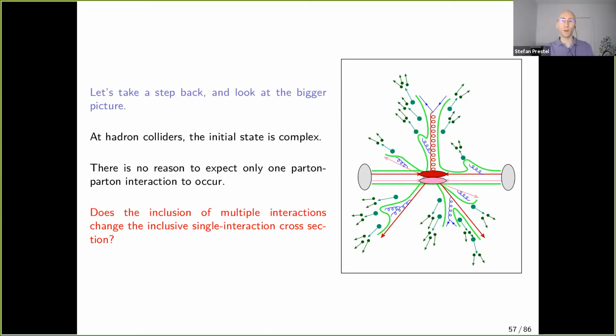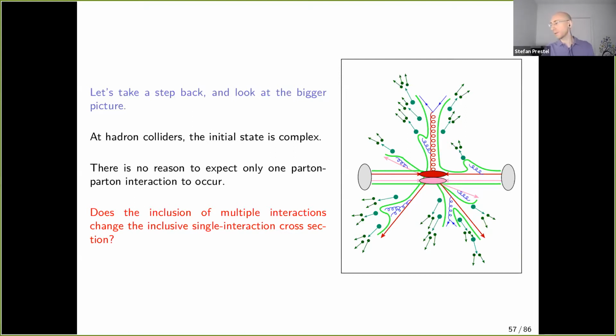So we have proton-proton goes to, say, an electron-positron pair plus X, simply to indicate that the calculation that you've done at a fixed order implicitly includes a statement of higher order corrections that you have not calculated yet.